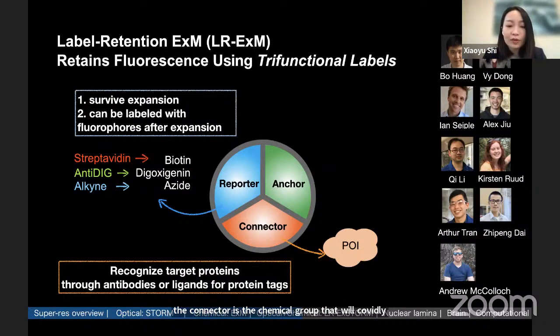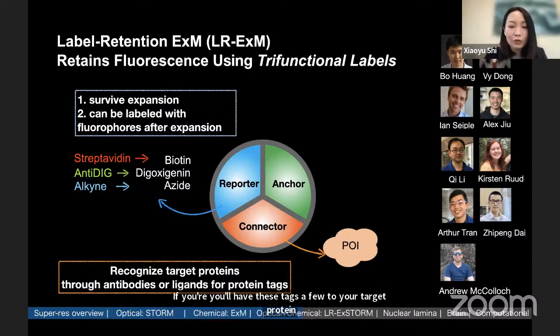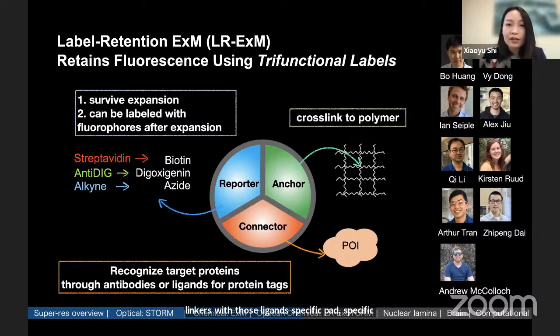And the connector can also be some ligand to recognize protein tags, for example, SNAP-tag ligand or CLIP-tag ligand or Halo-tag ligand. If you have these tags fused to your target protein, you can just throw in these trifunctional linkers with those specific ligands.